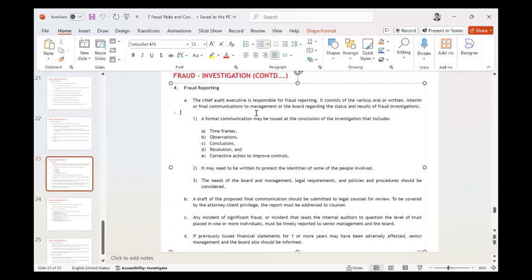And then sometimes you might give recommendations as to what sort of action should be taken, whether a court case should be filed, or it should be just a letter of caution, or a letter of reprimand, or a demotion, or whatever. You might make recommendations also on what sort of corrective action needs to be taken to improve the controls to prevent the recurrence of the fraud. So all that can be there.